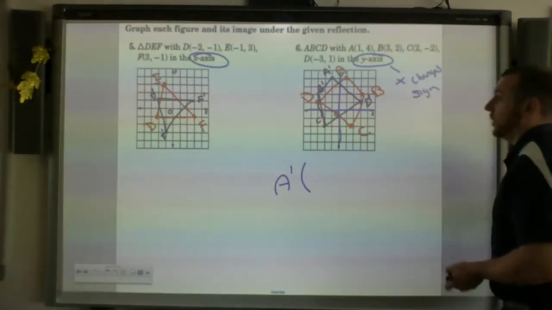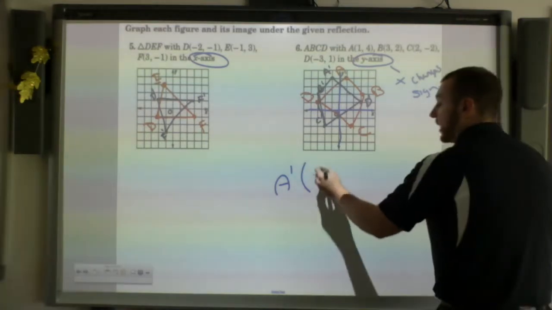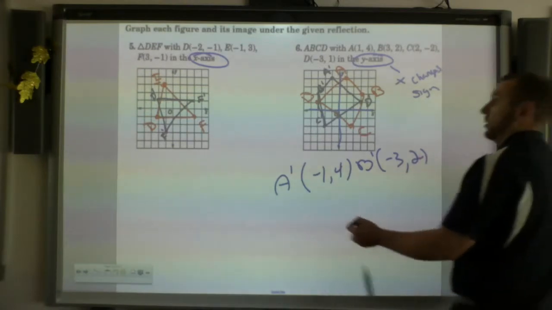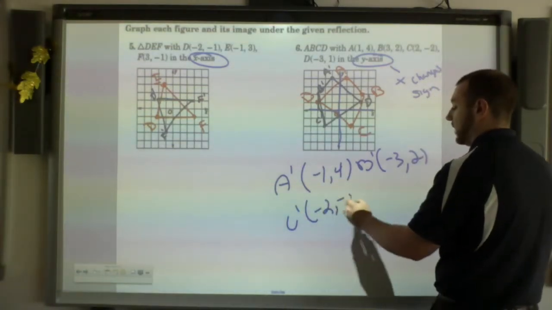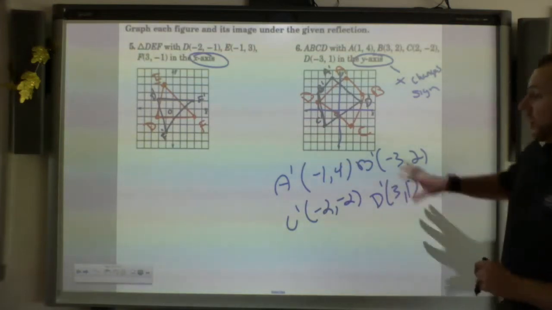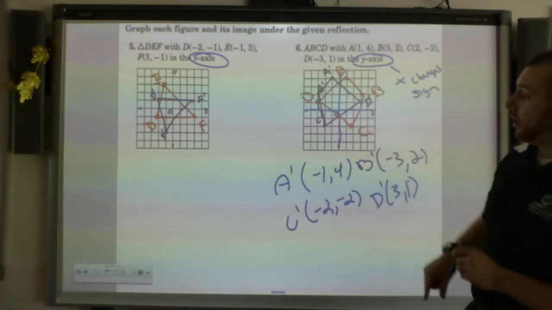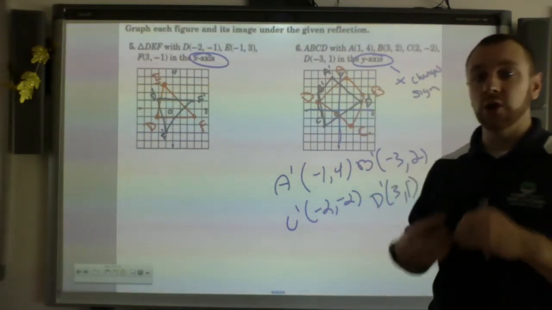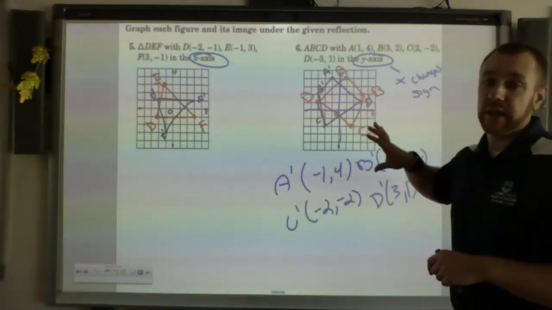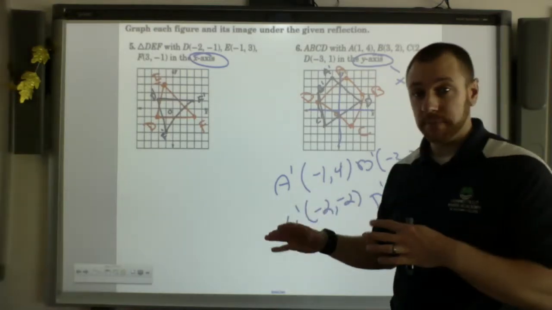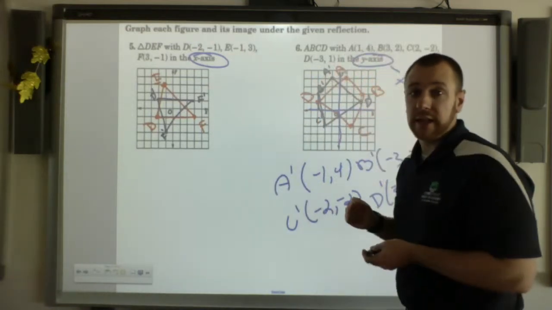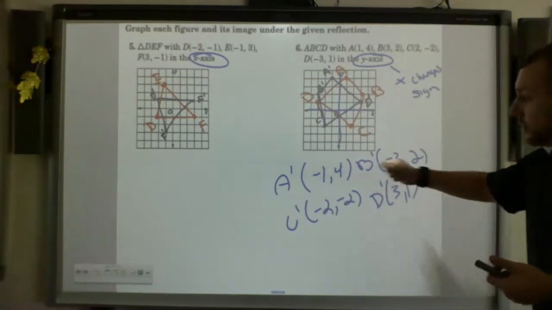So I create my new points: -1, 4; -3, 2; -2, -2; 3, 1. And now I plot them up here. It's easier to find the new points first, change whatever I need, and then plot the two figures than it is to try to count. The best way of doing this is to circle what you're reflecting it in and write out the new points.